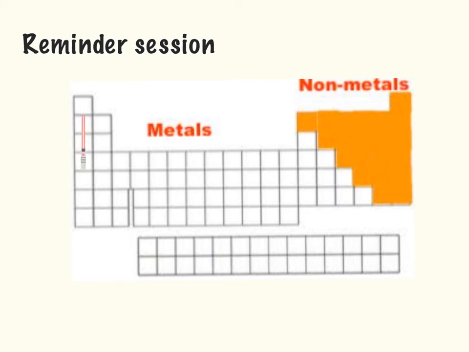That means they have the properties that go with metals, and these ones have the properties that go with non-metals. And I know we've done it before, but on either side of the boundary layer there are elements that tend to be a little bit mixed up. They can't decide whether they want to be a metal or a non-metal, so some people call them metalloids, or we can call them semi-metals. I think metalloids is probably the easiest one for us to remember.